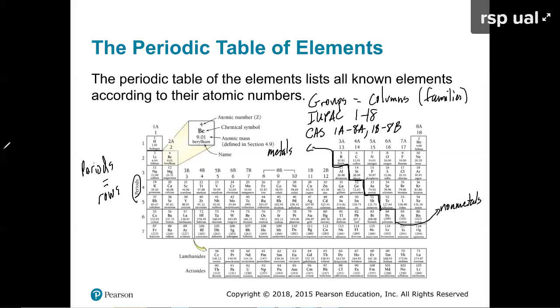And so if I were to shade this in, which I would not encourage you to do unless you have lots of colors to choose from. But you can see that all of this, including these down here, those are all metals.